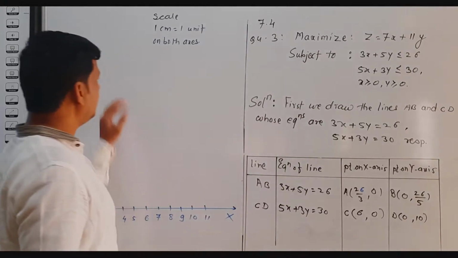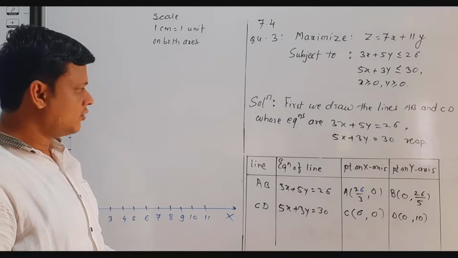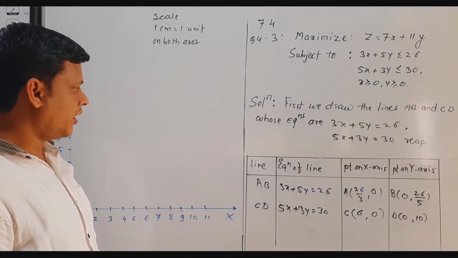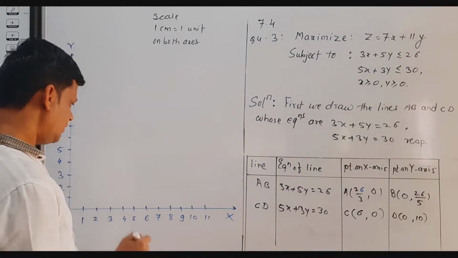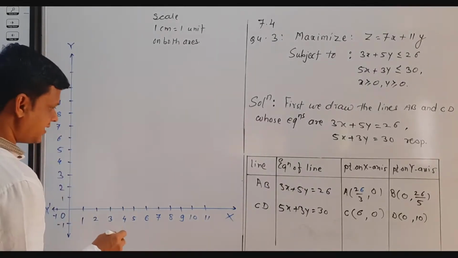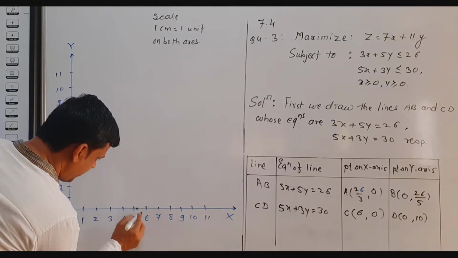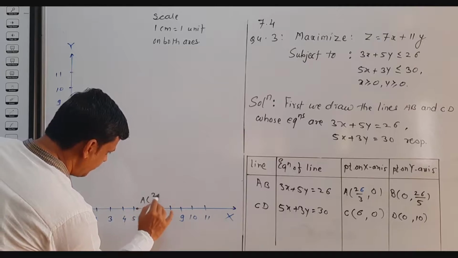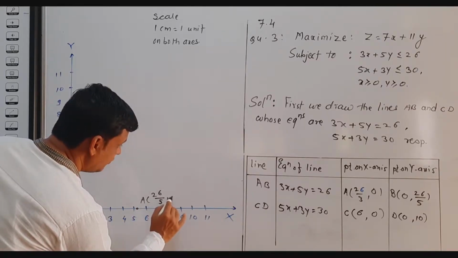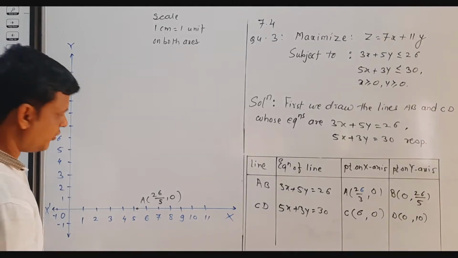That means you can take the scale 1 centimeter equals 1 unit on both axes. First we plot the points A and B. Point A is 26 by 3, which lies on the x-axis, that is 8 point something.